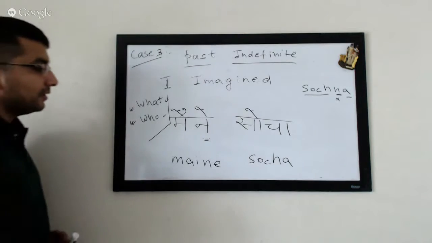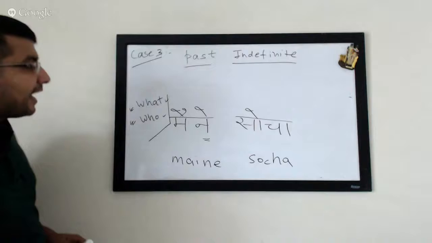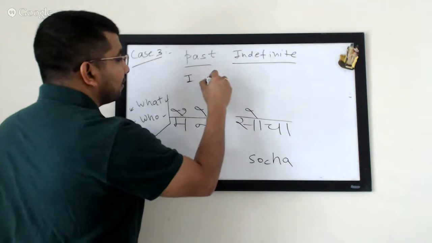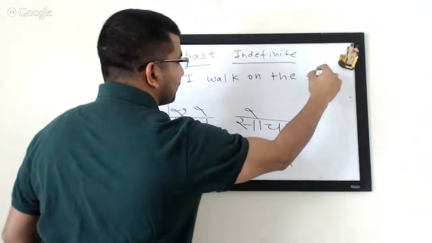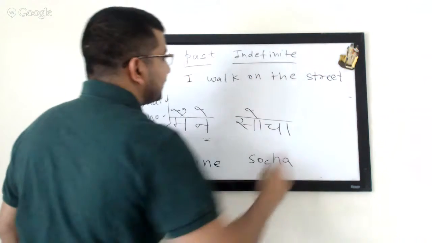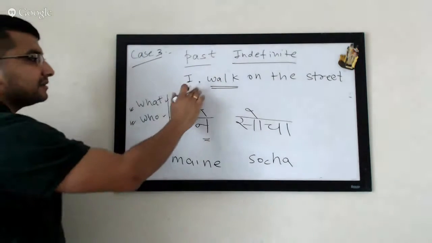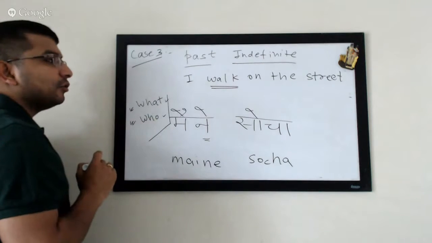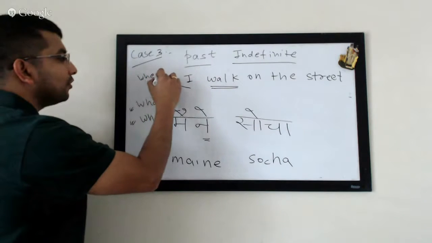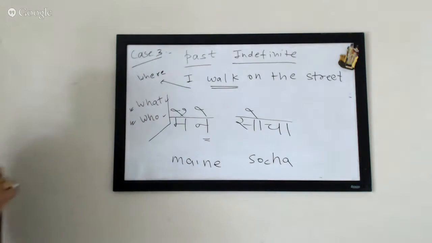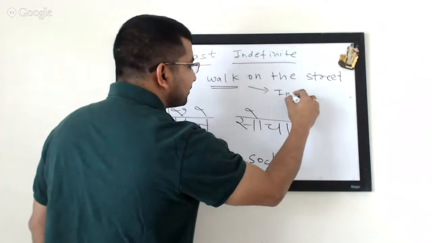And to give you a negative example, if I say I walk on the street, right? So I cannot make a question of this sentence using what and who. I can probably make it as where did you go or where did you walk, right? So this gives me an impression that this is an intransitive verb.